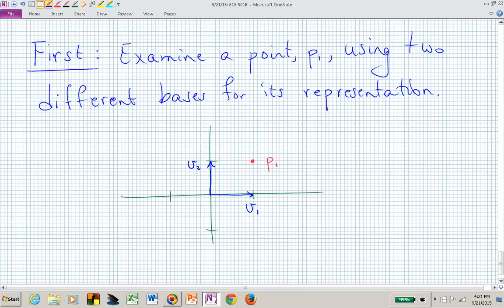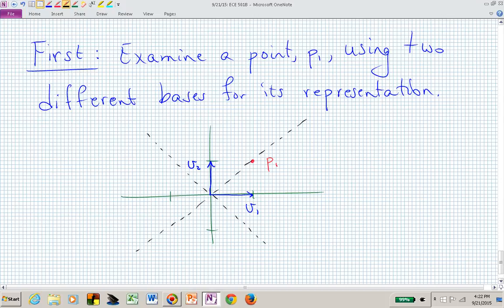And the other set of basis vectors you can think of as related to V1 and V2 if you wanted to, but these particular basis vectors are going to be rotated, let's say counterclockwise 45 degrees from V1, V2, and they're going to be stretched.